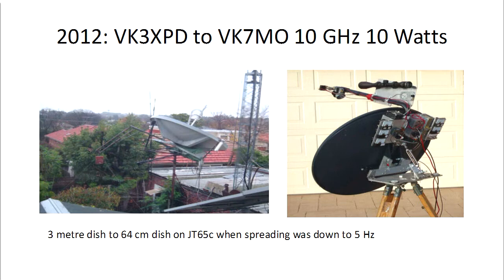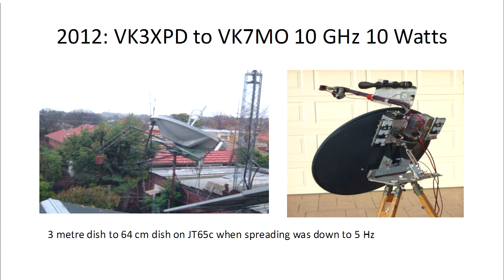But Alan makes things in the real ham fashion, and you can see there's a load of bricks on a lever that's trying to balance the weight of the dish. And with that, we got down to 10 watts. Now, not quite QRP, but at that stage, that was a lot of fun.